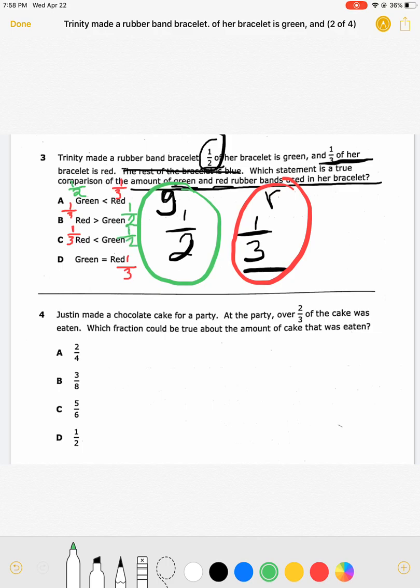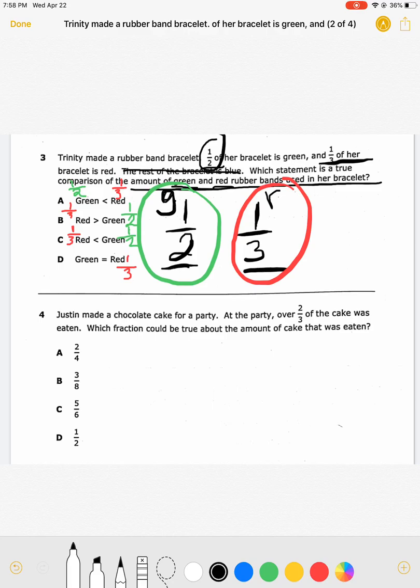So now we can compare our fractions. So is green 1/2 less than red 1/3? These both have a numerator of what? What is our numerator for these fractions? They both say 1. So when we have the same numerator, we compare the denominator.